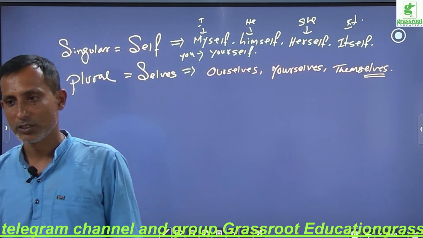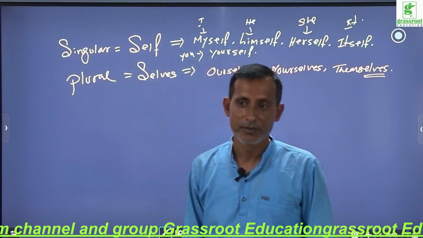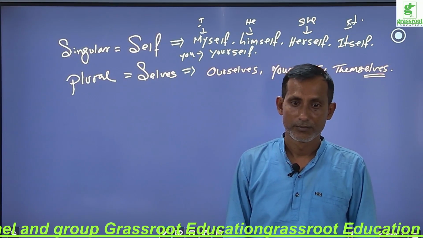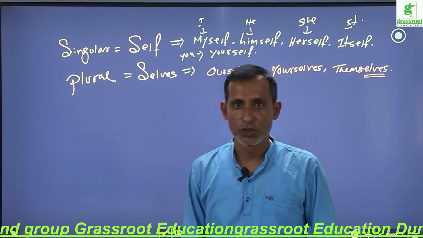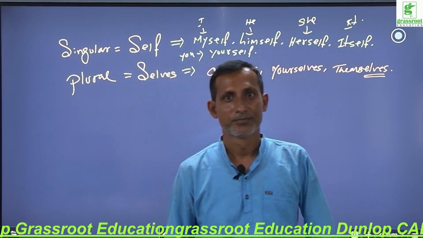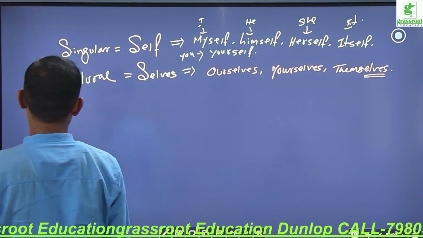Have you got this or not? When it is self and when it is selves. Those who are online, have you got this or not? Yes, sir. Okay. Next, we have to go through the rules.